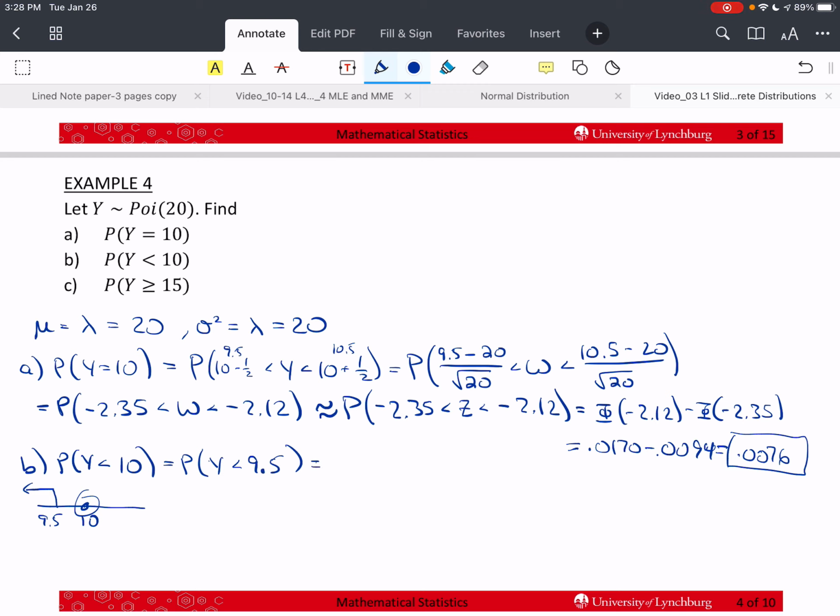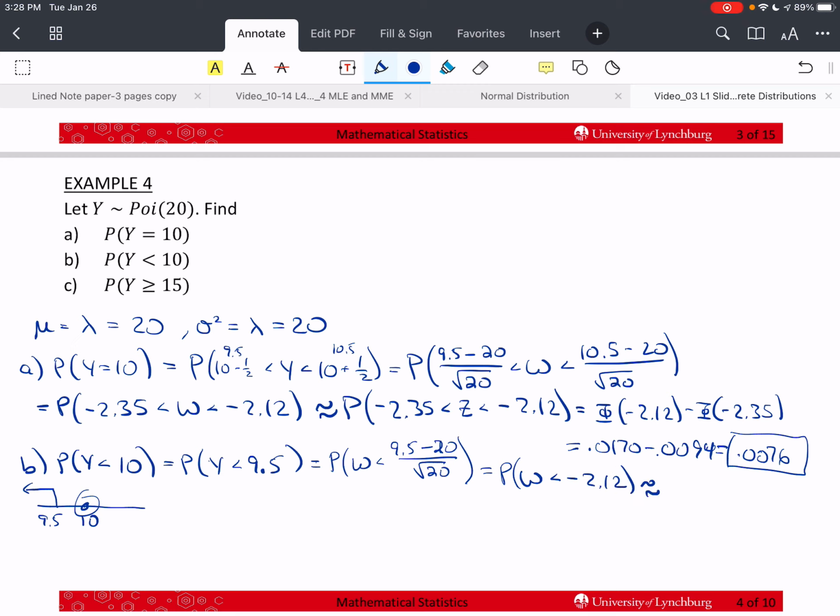And so this is equal to the probability that w is less than 9.5 minus 20 over the square root of 20. So minus lambda over the square root of lambda. We won't change variables yet. W is less than negative 2.12.